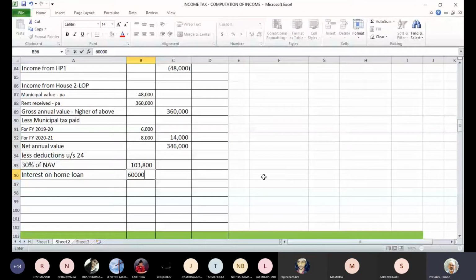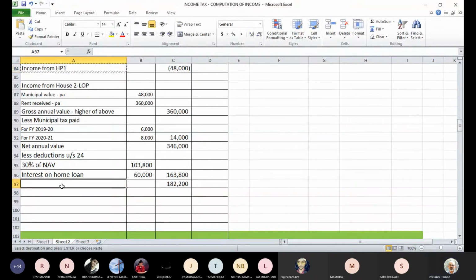So if you consider these two deductions, the total amount of deduction will be 1,63,800, and income from HP2 will be 1,82,200. Income from second house property is 1,82,200.